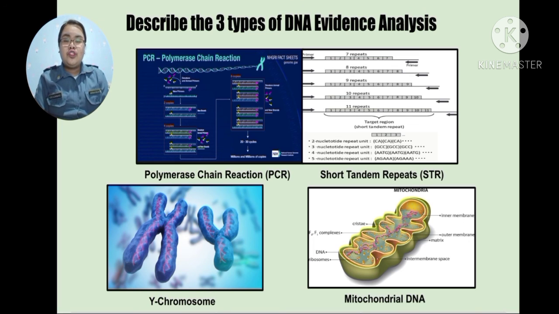So, ang mitochondrial DNA daw po technology is ina-analyze nila yung mga DNA na nakita sa different parts of cell. So, ang mitochondrion daw po, ito yung hair shafts, bones and teeth na hindi masasabing STR dahil nga po ang mitochondrial DNA testing is maaaring maging mahalaga sa investigation sa unsolved case.